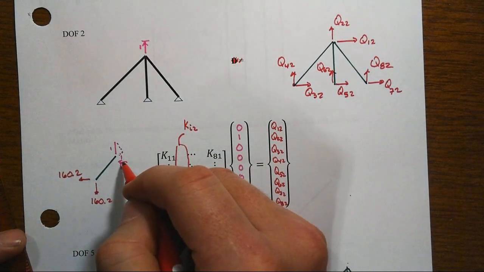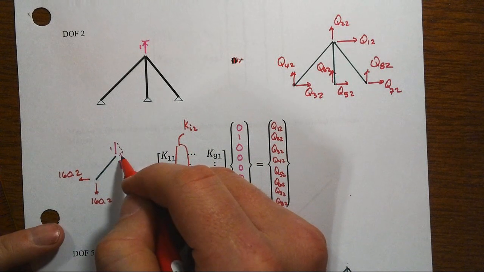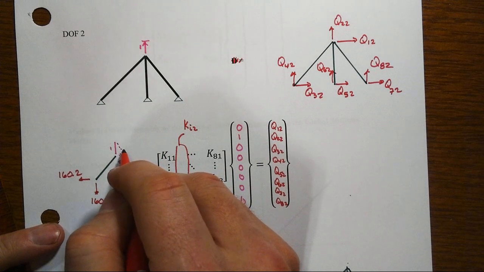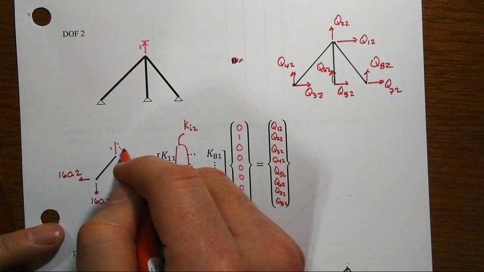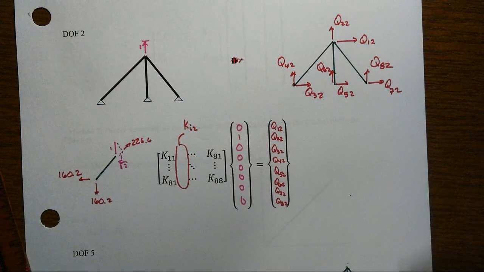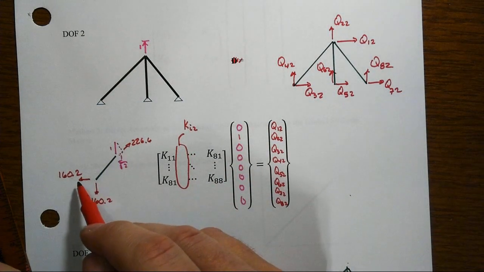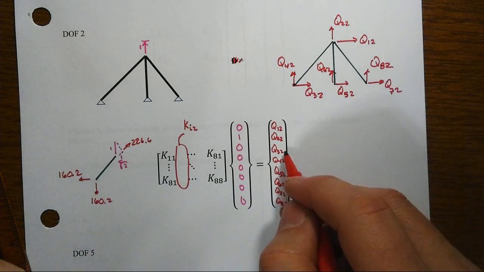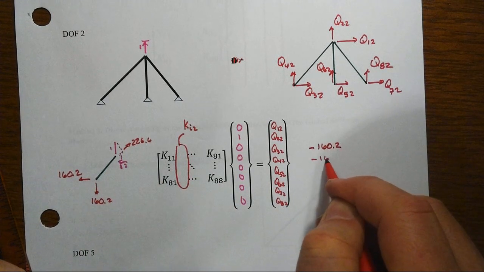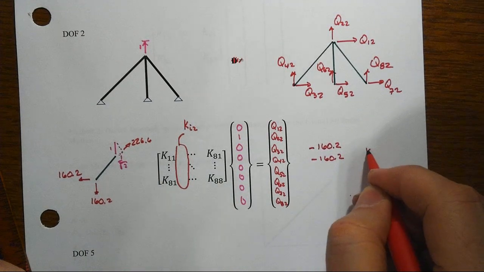Remember, 1 over root 2 is the elongation times the K for that member, which would have given us 226.6 for that one. And so that turns out then that Q3242 will once again be minus 160.2. These are all units of kips.